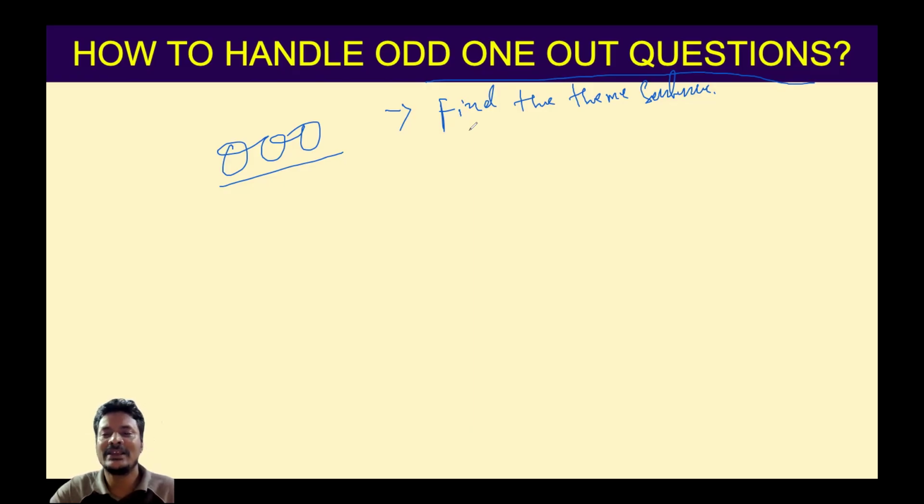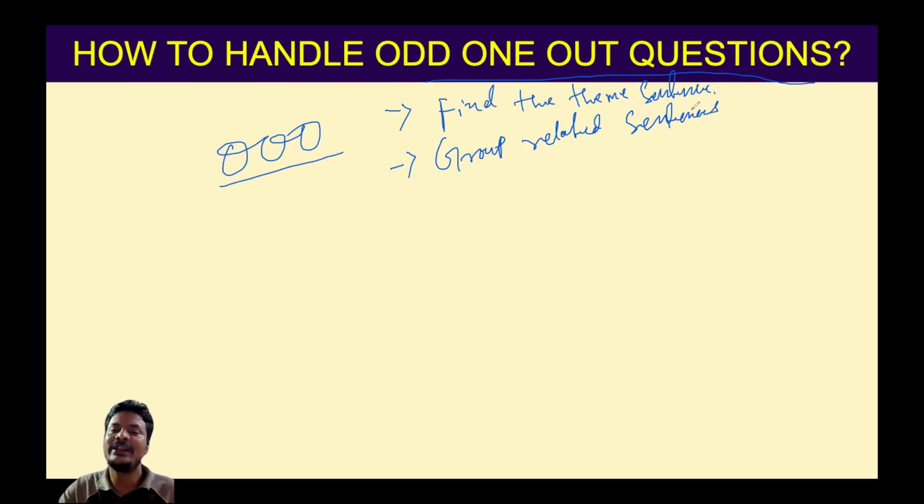The second step is to group related sentences. What do we mean by grouping related sentences? It means finding which sentences share the same theme that you found at first.